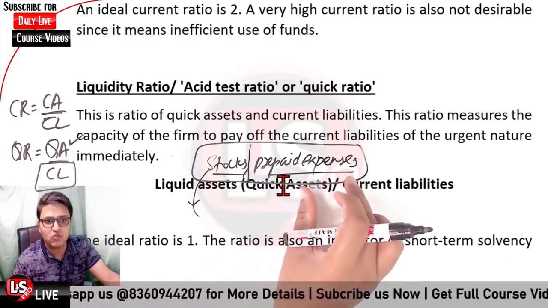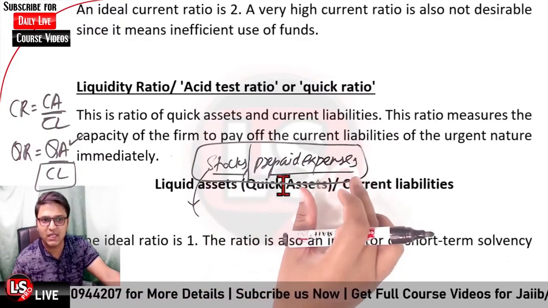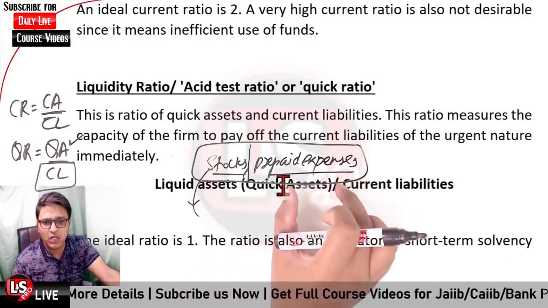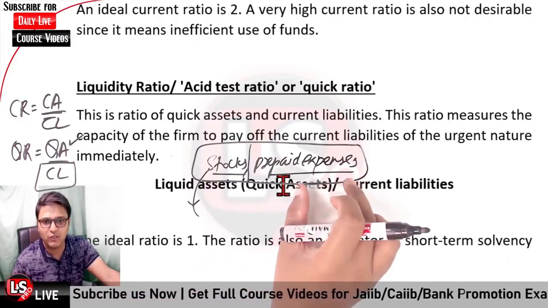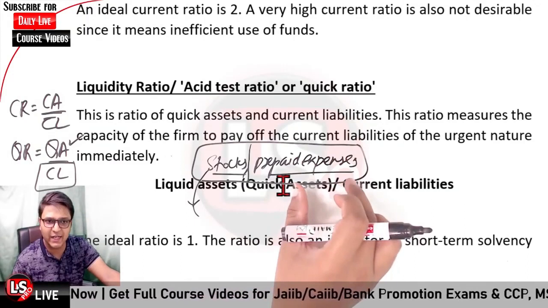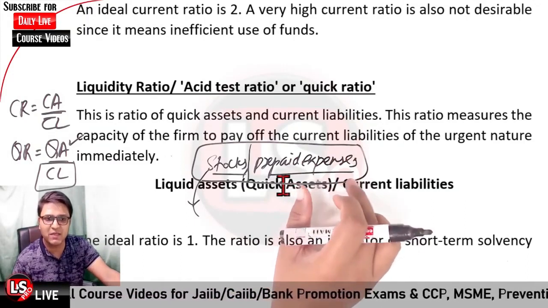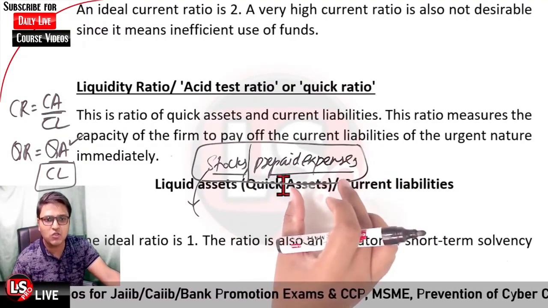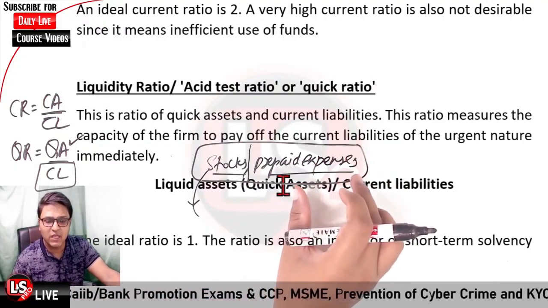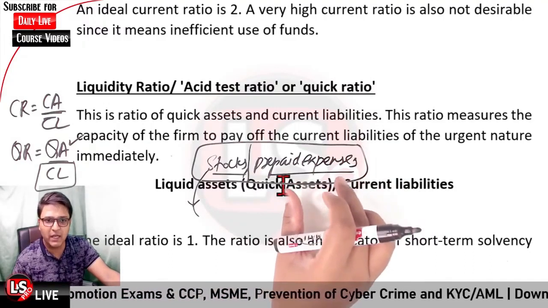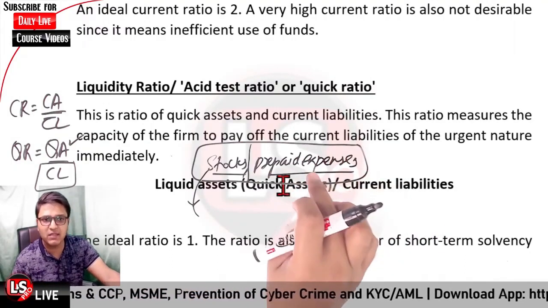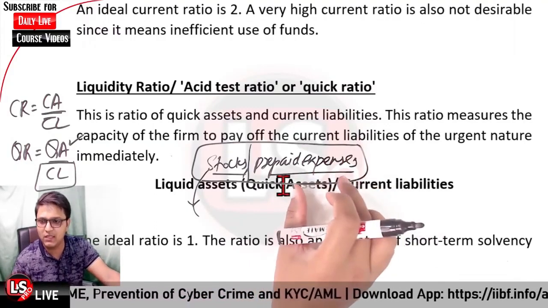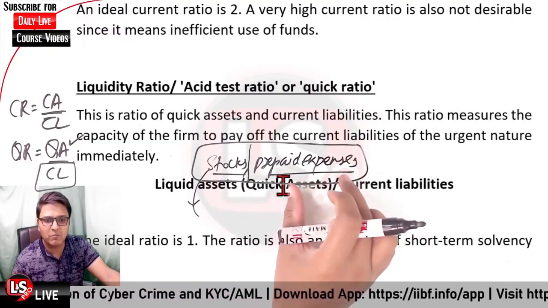And further, in the case of the prepaid expense, this money is not available with you. It is shown on the current asset side because this is an advance expense that you have already paid, but it is not the amount with you itself. If you have paid the rent in advance, it would be basically prepaid expense, but that money is not available with you now.